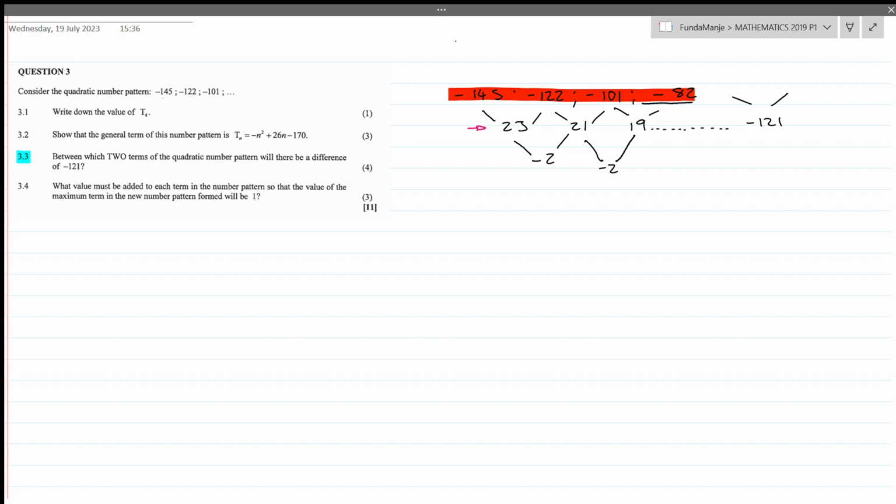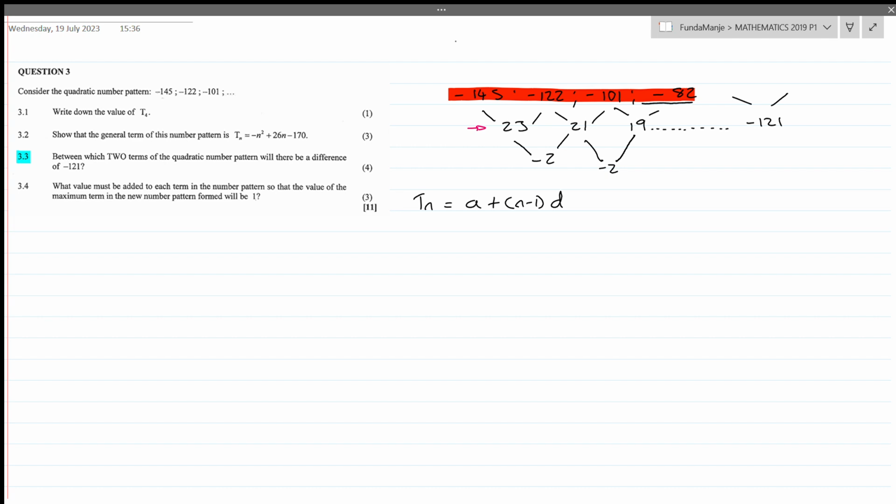Now, what this gives us the ability to do is that we are now able to formulate a general formula specific to the first difference, and we can do this with the general formula of an arithmetic sequence which uses the following variables.